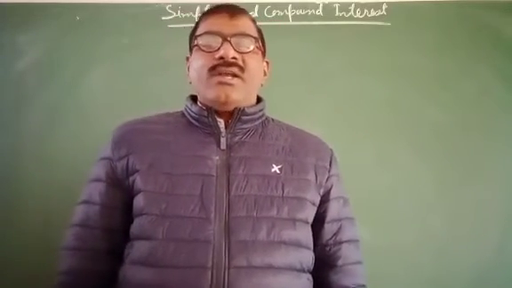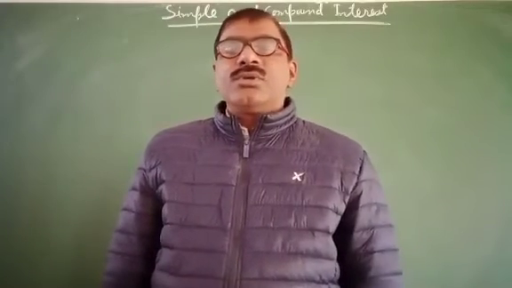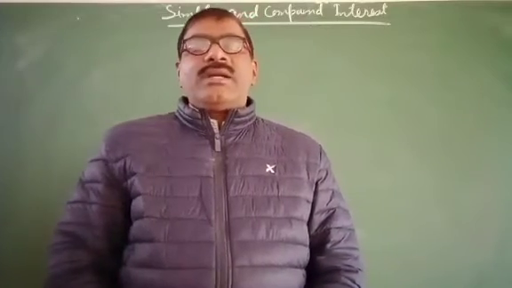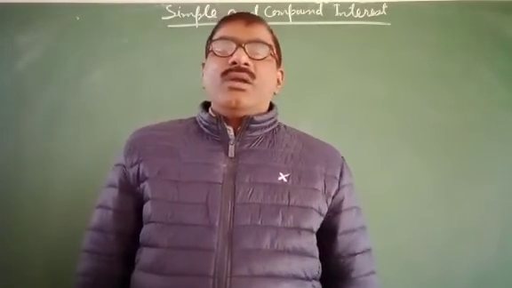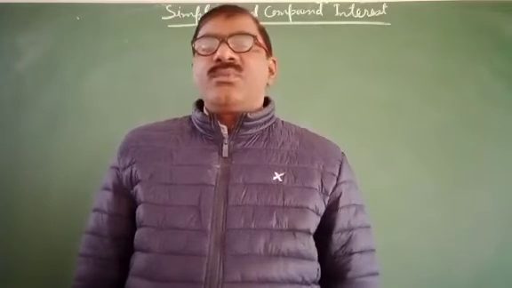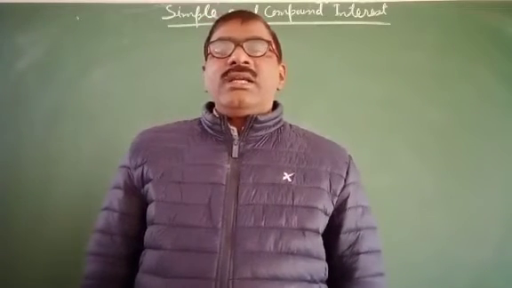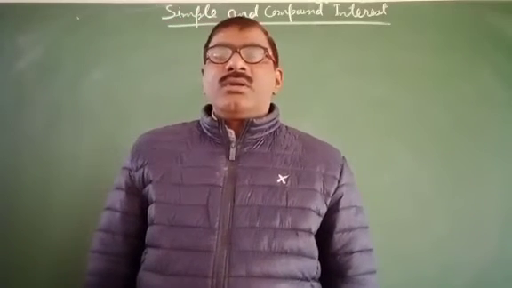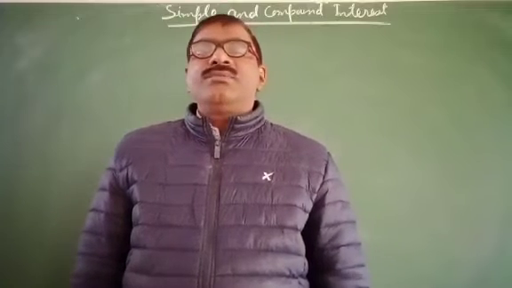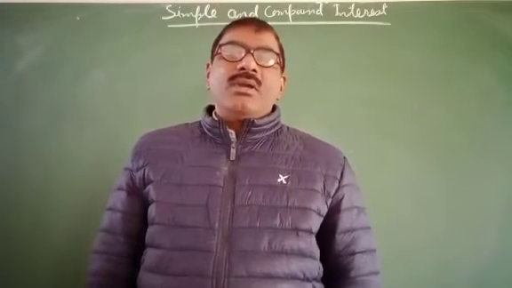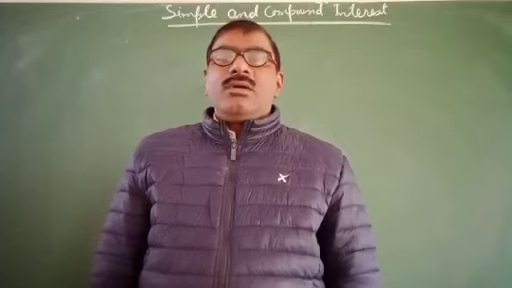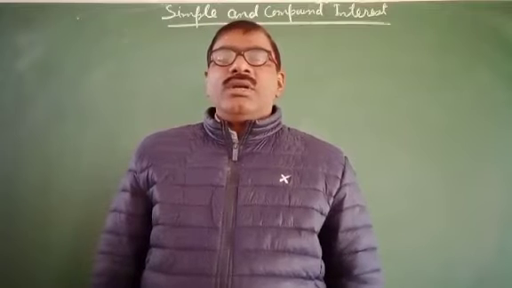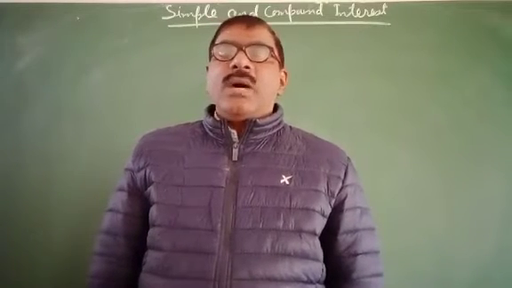calculated quarterly. So dear students, as you know, in the previous video I already explained that when interest is calculated half yearly, then if time is given in years, we multiply time by 2 and we find time in half years, and interest is divided by 2 and we get interest half yearly.